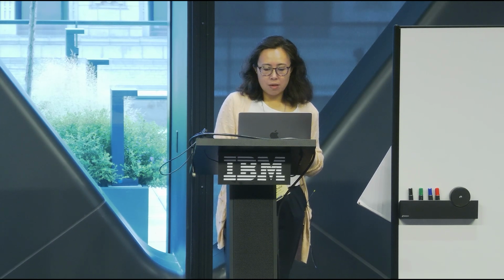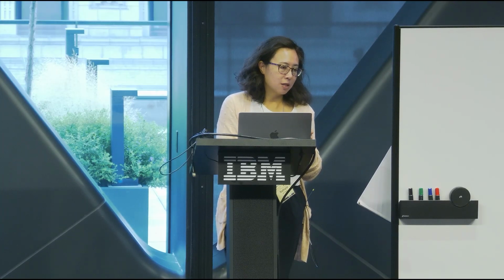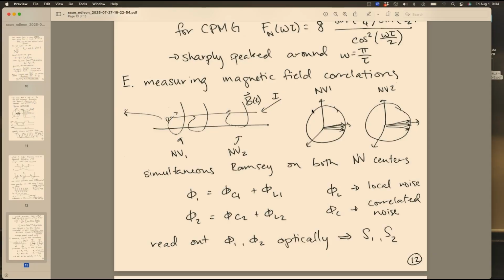Okay, so another thing that we have access to, because these things are pinpoint spatial sensors, is that you can imagine also looking at spatio-temporal correlators, so not just temporal correlators. Let me motivate this somewhat concretely.